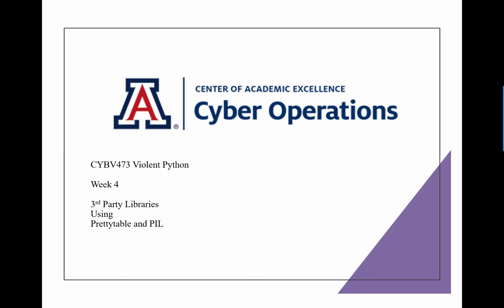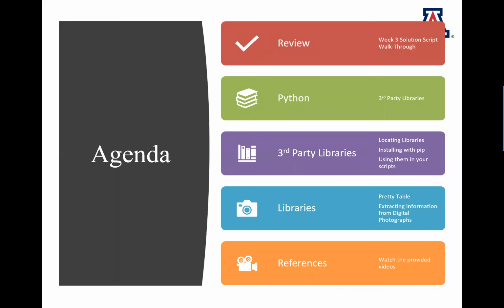I'm also going to give you a little more detail on the PrettyTable library, which we use quite often to pretty up our displays and the information that we provide. As usual, review the walkthroughs from the previous week, and also review the webinar tonight.